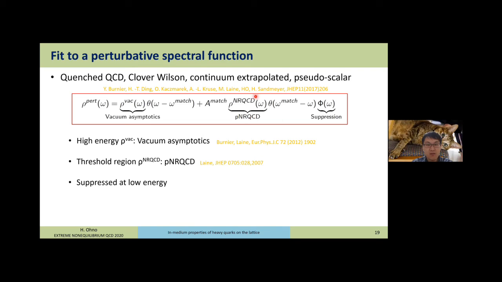And also, this part should vanish around the low energy region, so we also introduced some suppression term here.